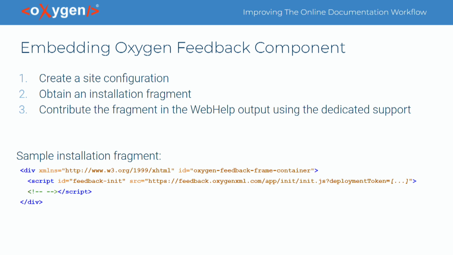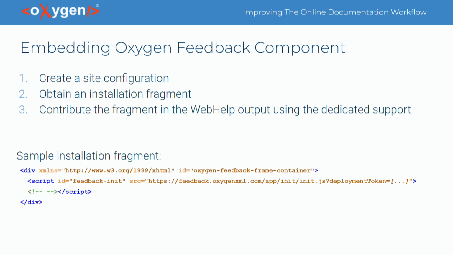By creating the site configuration, you will also specify the base URL of the website where your documentation is deployed. This is very important because the Oxygen feedback component will only be visible in web pages that are in the hierarchy of that base URL. For example, the base URL for the WebHelp output is the URL where your documentation is deployed.